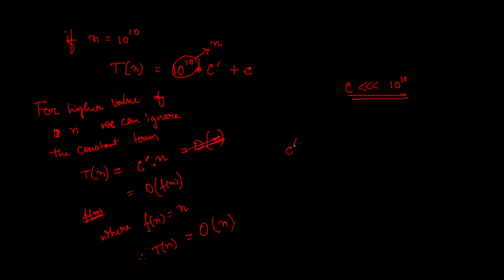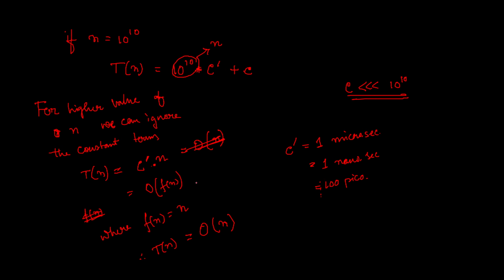C dash can be 1 microsecond, it can be 1 nanosecond, or anything, maybe 10 picoseconds, or maybe 100 picoseconds. Whatever it may be, it is a constant value.